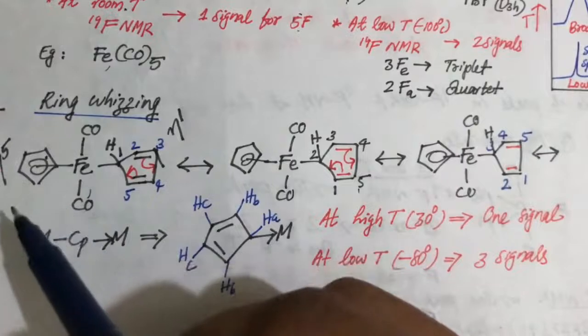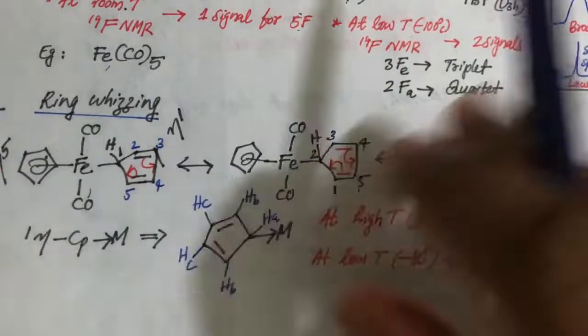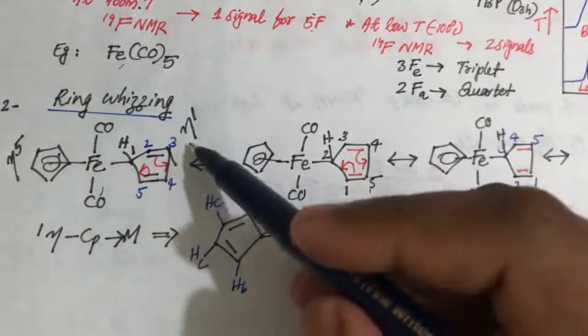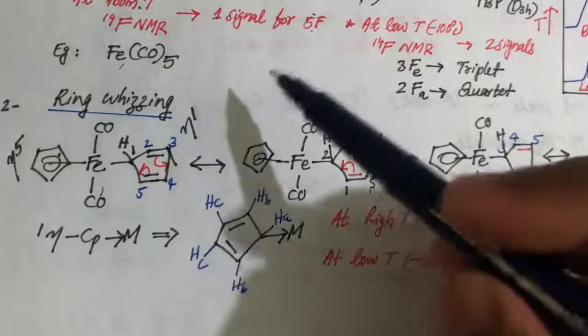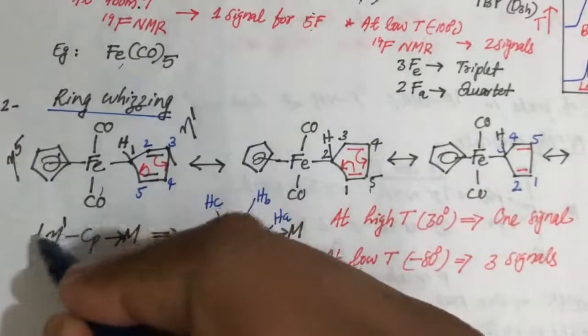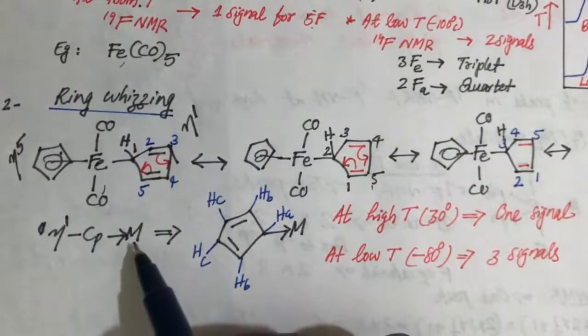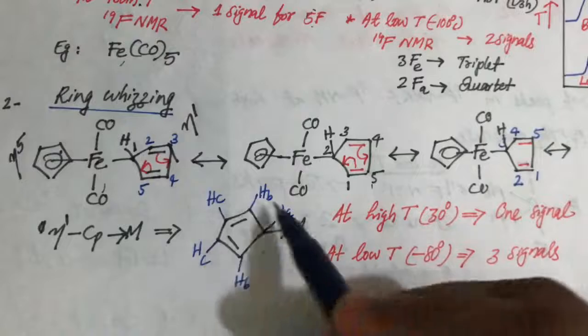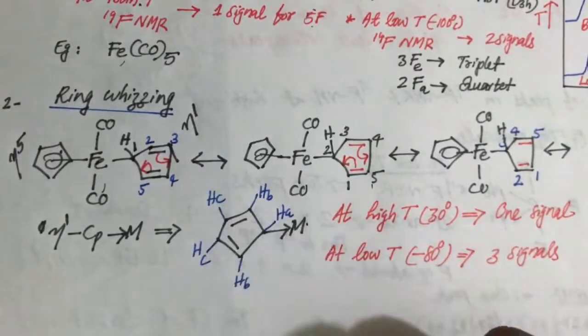Here you have two ligands, a hapticity 5 ligand and an eta 1 ligand. The main focus is on this hapticity 1 ligand, that is the eta 1 cyclopentadienyl that is directly bonded to the metal. So I am taking this as the situation. This is generally the metal, and this is your ligand.